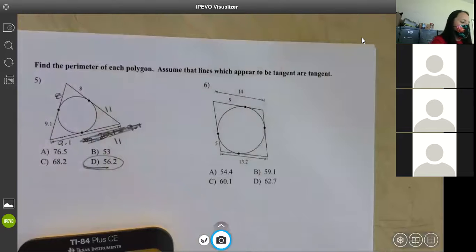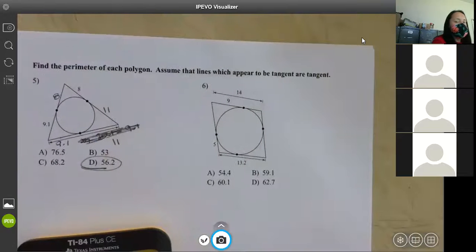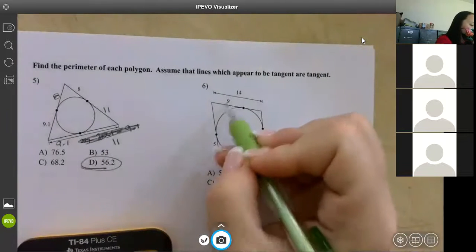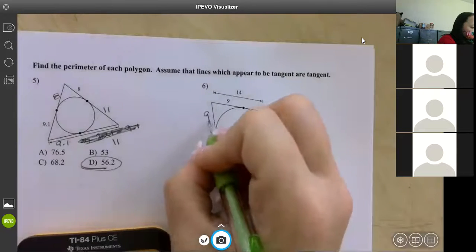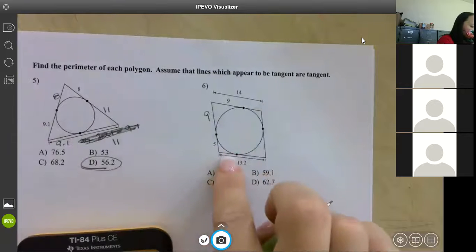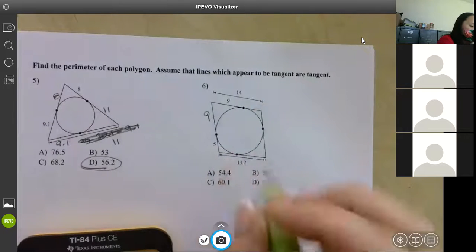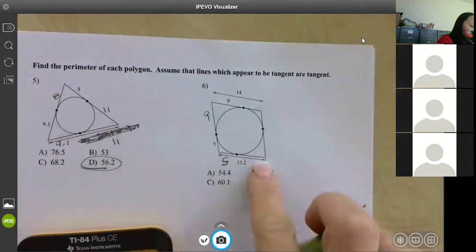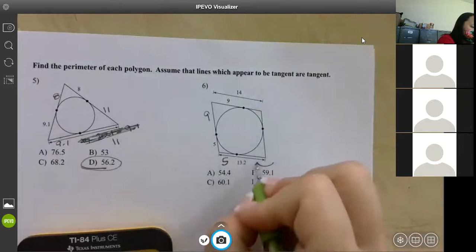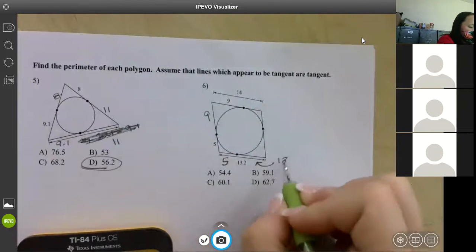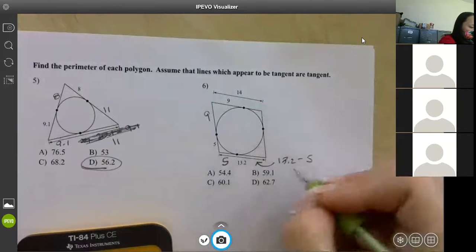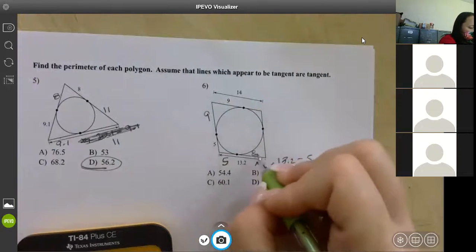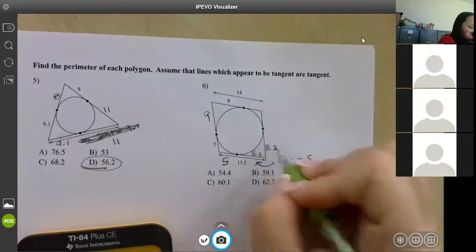On the next one, we have 9 right here. That means this side is what? 9. We have 5 right here. That means this side is 5. How do we get this half? 13.2 minus 5 is 8.2. So this side is 8.2.